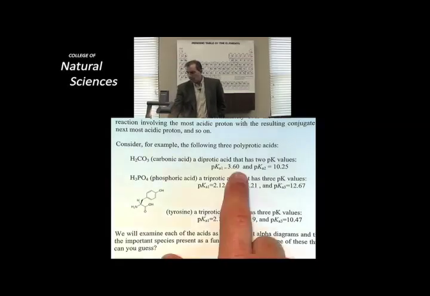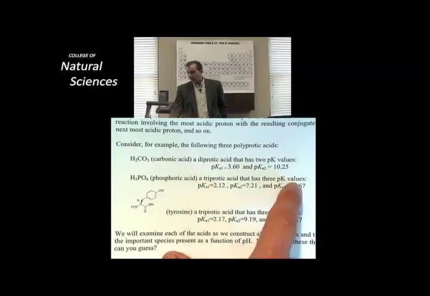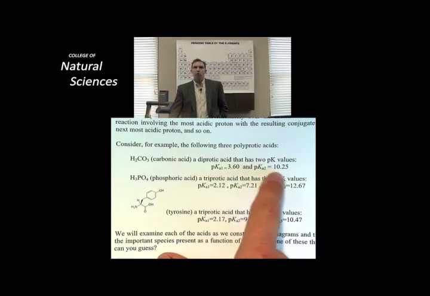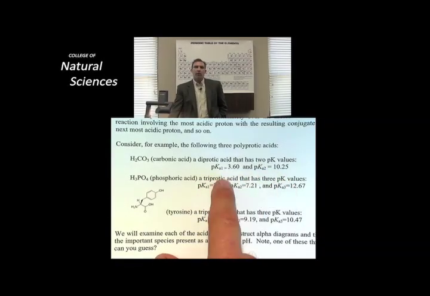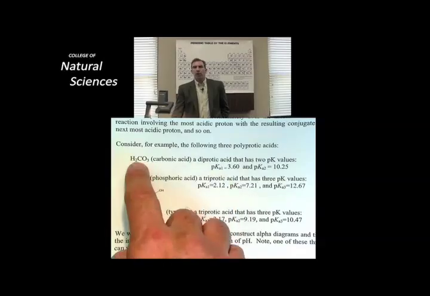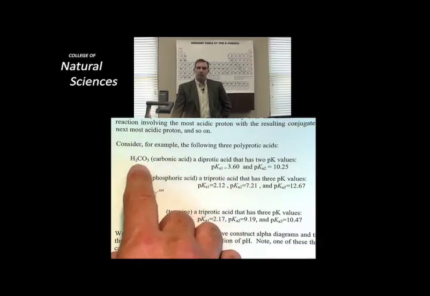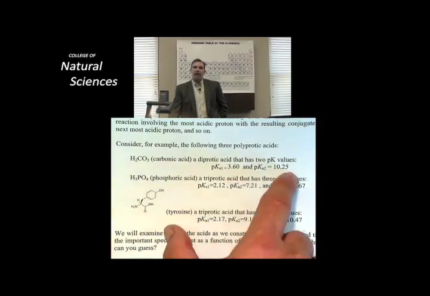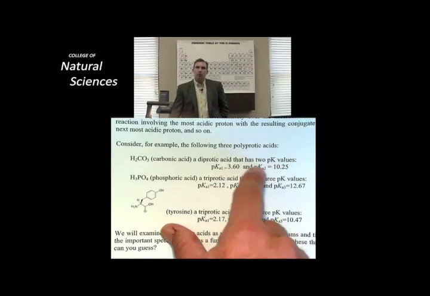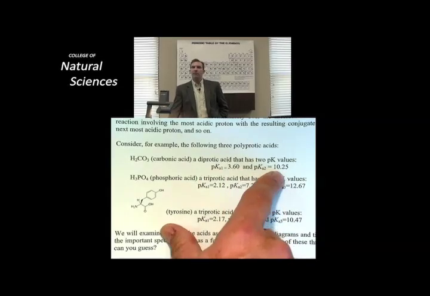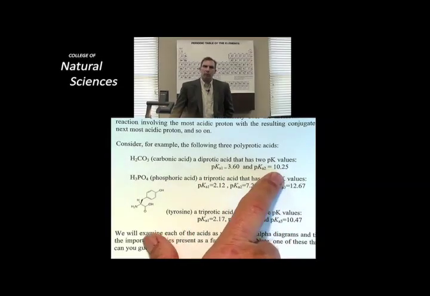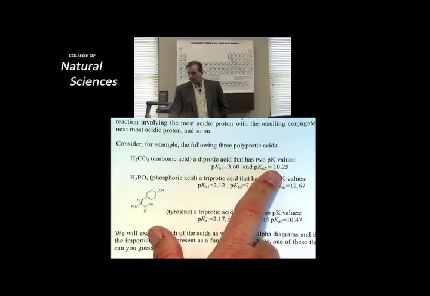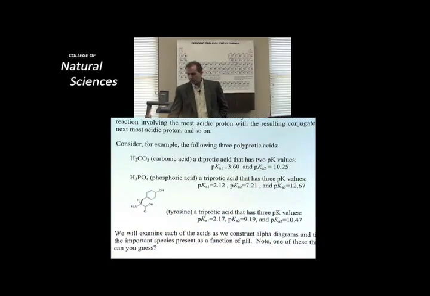So if I look at this problem right here involving carbonic acid, even though there are 2 K values to deal with, there is the removal of the first proton, there is the removal of the second proton. The fact that these K values are so far apart, 6 orders of magnitude or more apart, not just 3 or 4, but 6 orders of magnitude apart, means that I don't have a diprotic acid problem. I have 2 monoprotic acid problems.